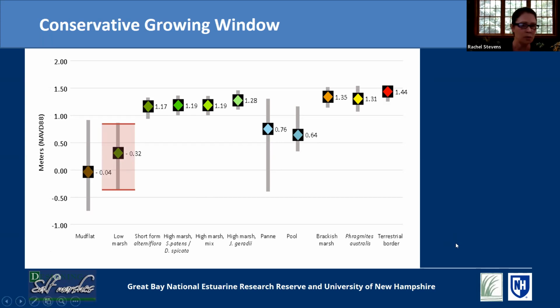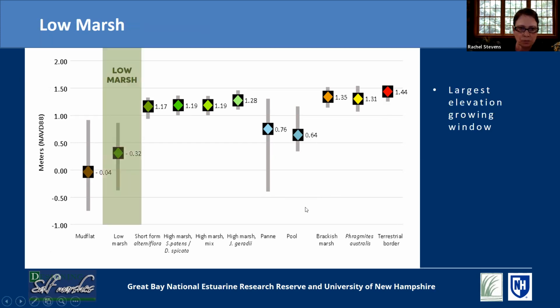If we looked at the maximum and the minimum elevation ranges, we would show all the elevational areas that plants could, for each of these habitat categories, possibly exist, but might not be growing at their maximum potential. So this is what this shows.